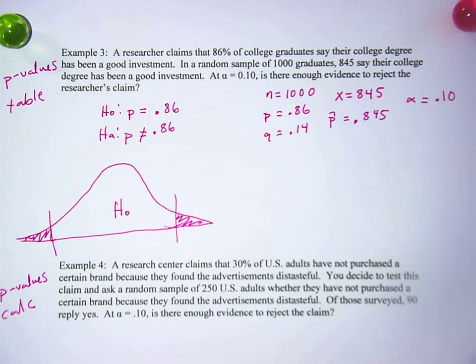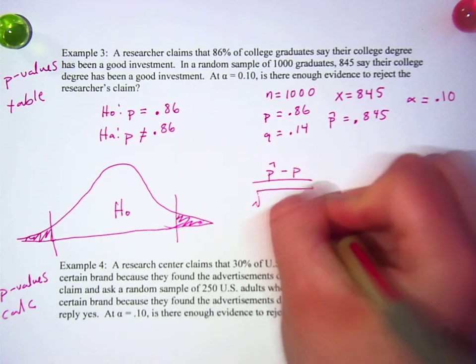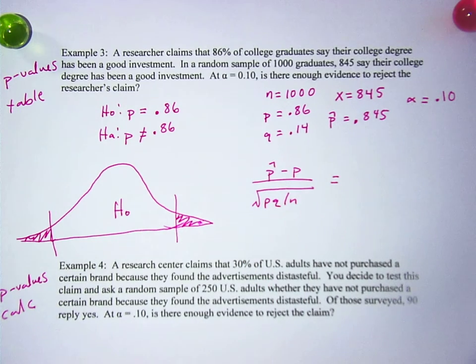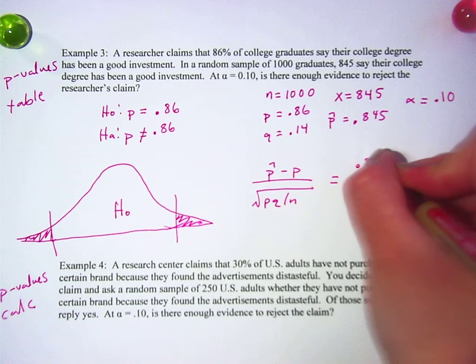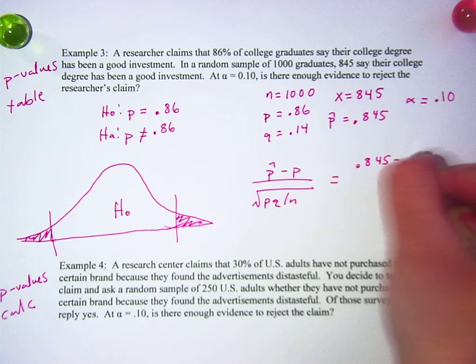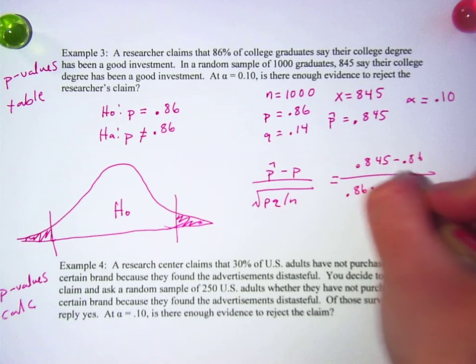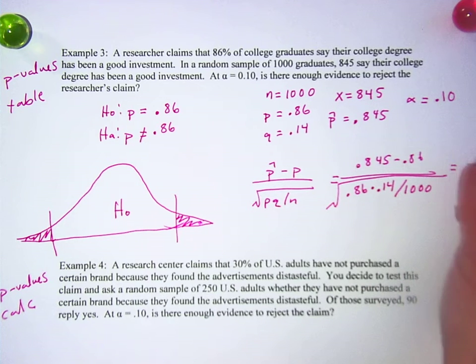Next up, we have to do that formula, which is p hat minus p over the square root of pq divided by n. And if you do all that math, it is 0.845 minus 0.86 over the square root of 0.86 times 0.14, divided by 1,000. You can tell that I've done this many times.